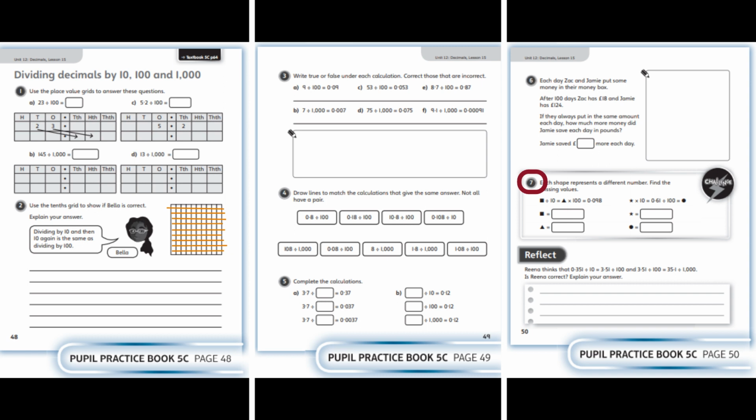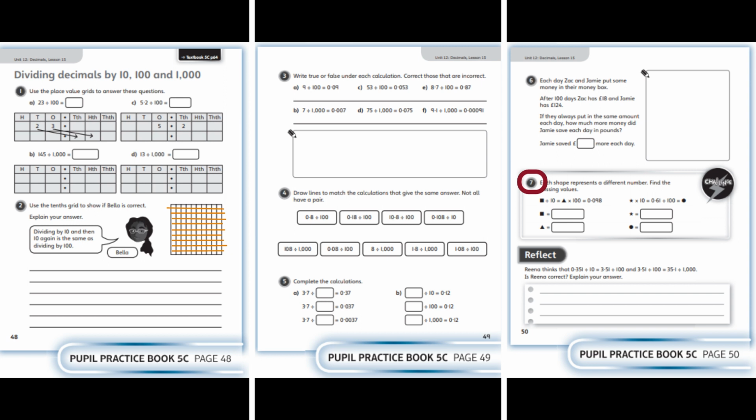And the challenge today is quite tricky as well. It says each shape represents a different number. Find the missing values. So a square divided by 10 is equal to a triangle times 100, which is also equal to 0.098. Now, break this down. You can split these into 2 separate number sentences.